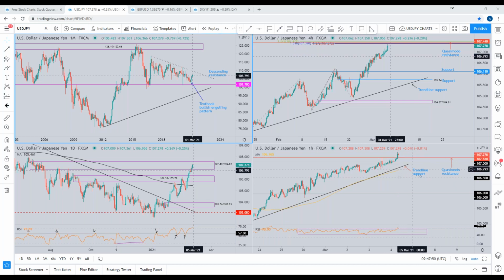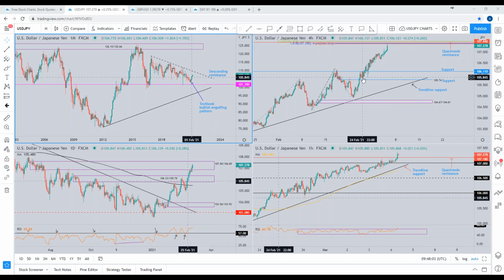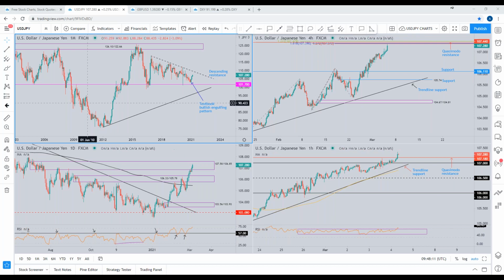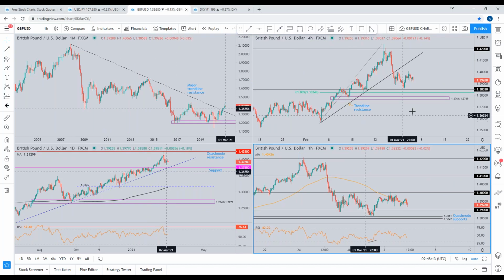What would be fantastic would be a retest of this Quasimodo resistance, which is more than likely support to form support for an intraday move up to Quasimodo resistance. Now, guys, I must be clear here that this is only my personal opinion and should not be taken as investment advice.